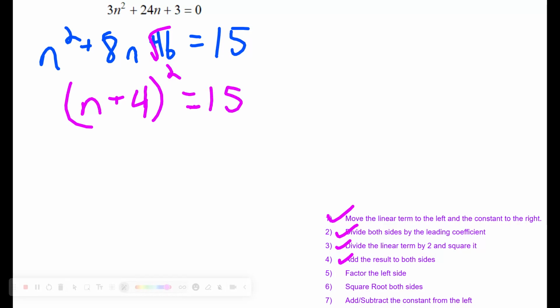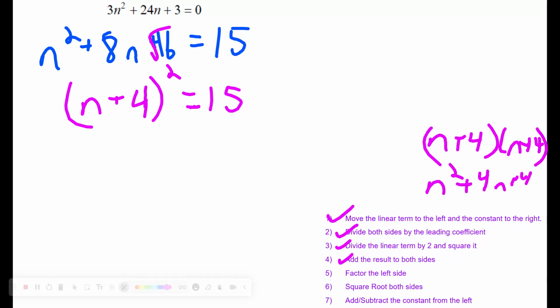If I wanted to show that, n plus 4 times n plus 4 would be n squared plus 4n plus 4n plus 16 equals 15. And that's going to get me back there. So I feel good about that.